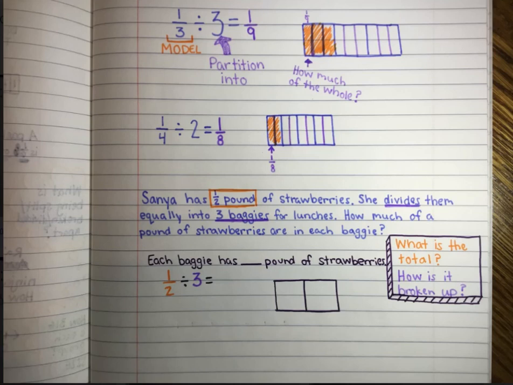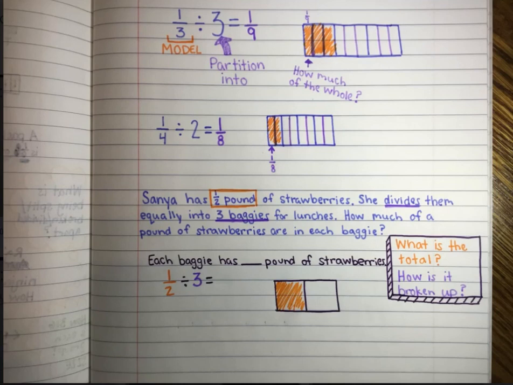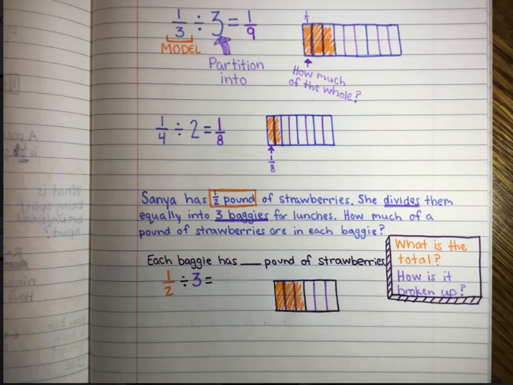If we take a look, we see that we start with our half pound and we partition that half pound into 3 baggies, 1, 2, 3 baggies. We're looking to see how much of a whole pound goes in one of those baggies. In order to do that, we need to make sure all the pieces are the same size and we're looking at just that one baggie.